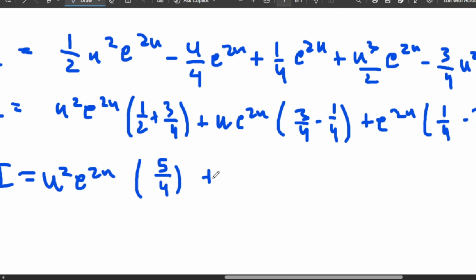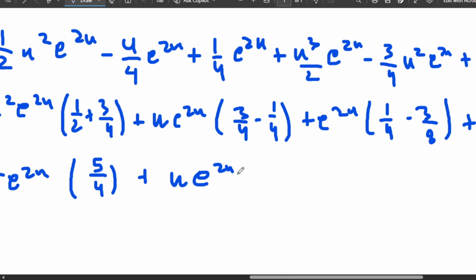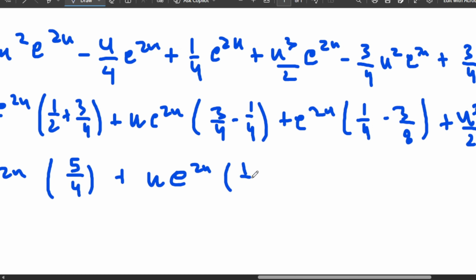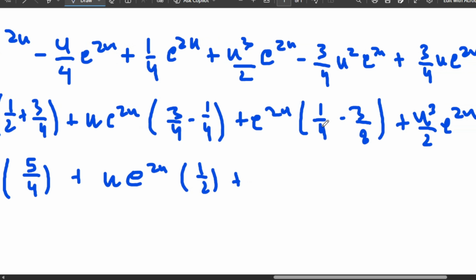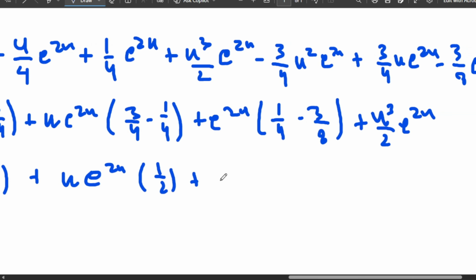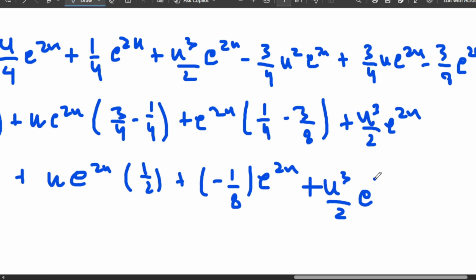Okay, and then u e^(2u) times 2 over 4, which is a half, plus this will be minus 3 over 8, so negative 1 over 8 e^(2u), plus u cubed over 2 e^(2u).